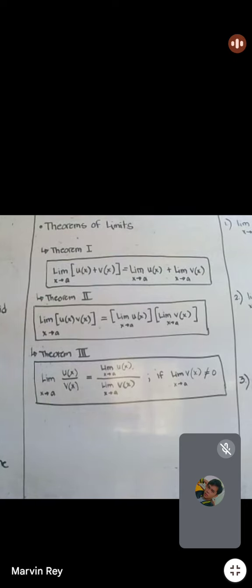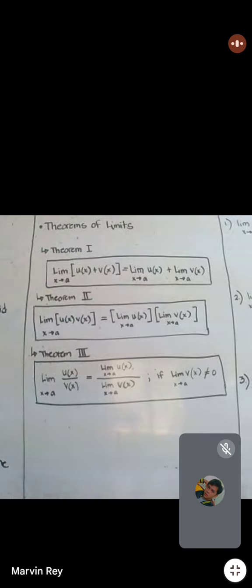Okay? So next, we also have theorem 3, which says that the limit of the quotient of two functions is equal to the quotient of their limits, provided the limit of the denominator is not 0.